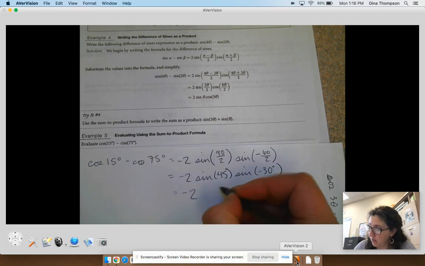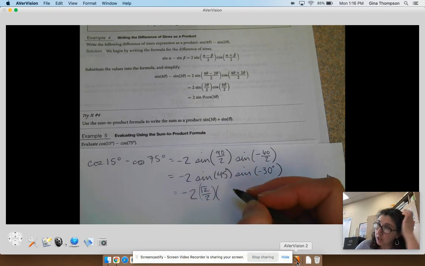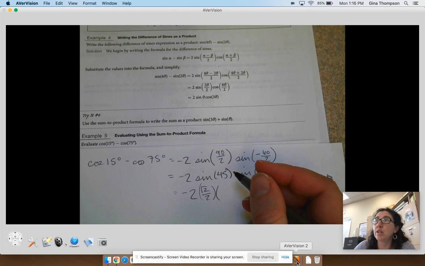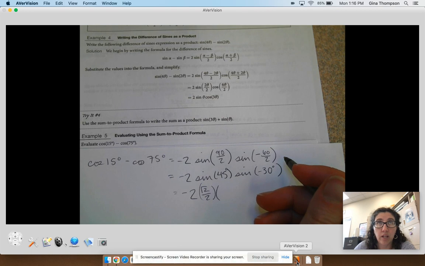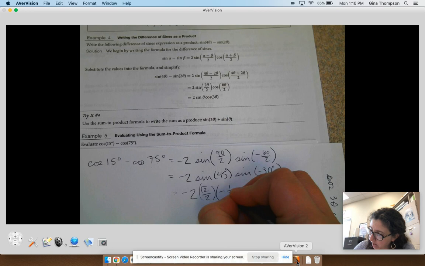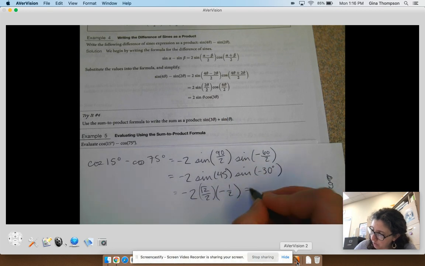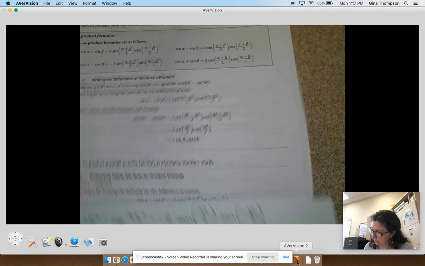Okay, well, sine of 45 is square root of 2 over 2. And sine of negative 30 degrees, well, let's see, sine of 30 degrees is 1/2. And negative 30 is going to be in quadrant 4, which is going to make it negative. So negative 1/2. So let's see, these cancel, and we'll have negative square root of 2 over 2. Is that right?